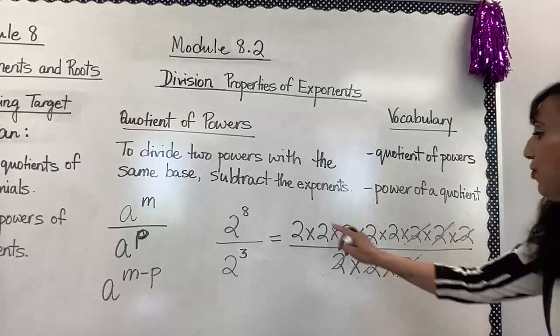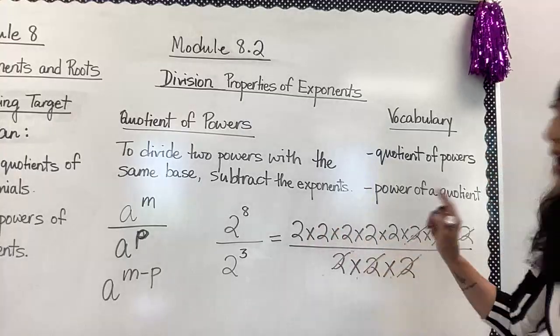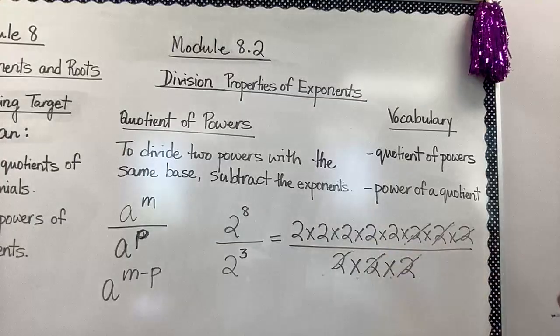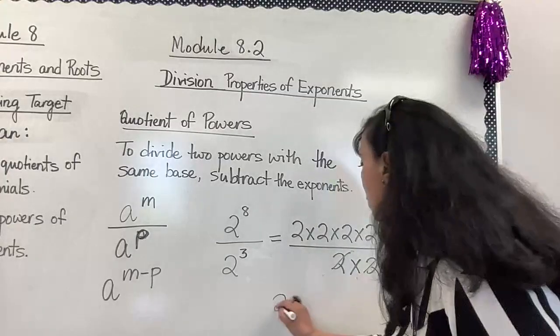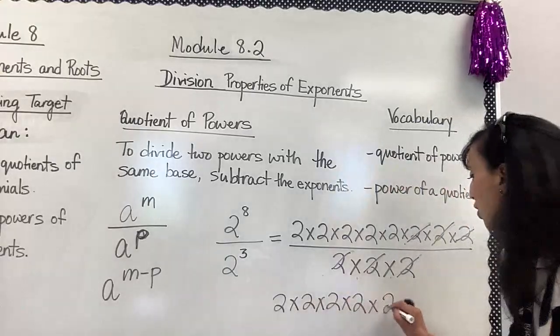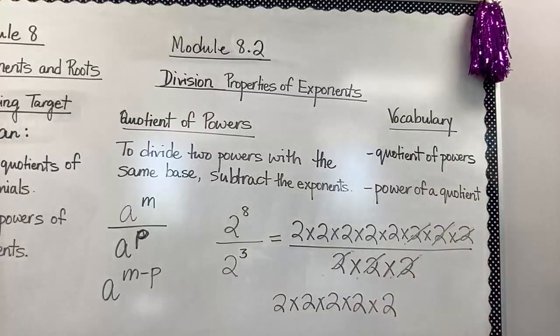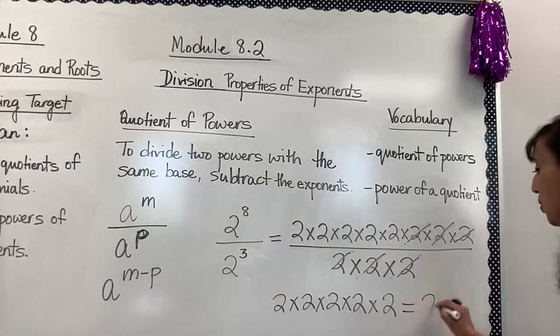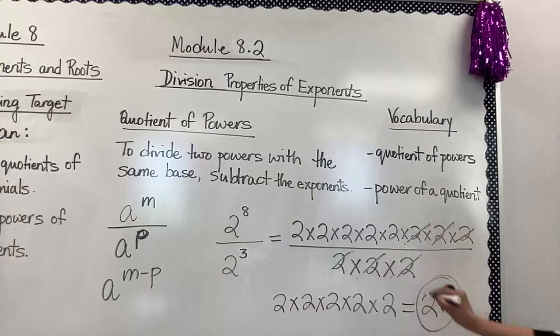And then I'm left with 1, 2, 3, 4, 5, which is what? 2 times 2 times 2 times 2 times 2. And so I'm left with just 2 to the 5th power.